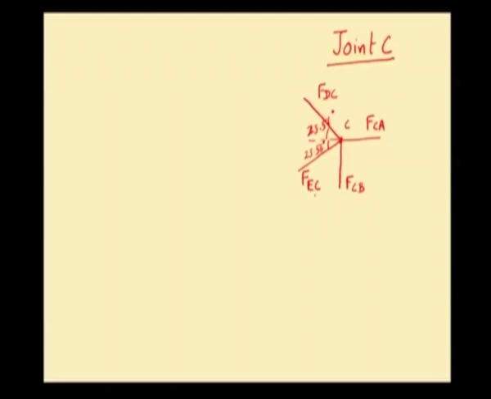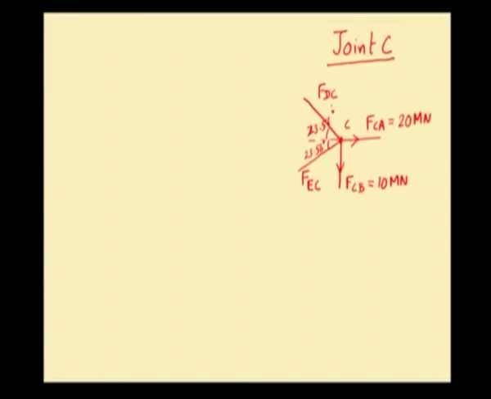Already we have found out the direction as well as magnitude of the 2 forces FCA and FCB. FCA is 20 meganewton tensile. Since it is tensile in nature, arrowhead should point away from the joint. FCB is 10 meganewton. Once again it is tensile. So, arrowhead should point away from the joint.